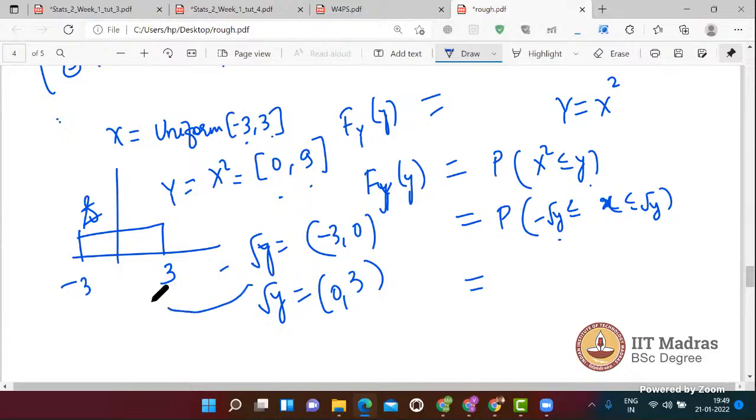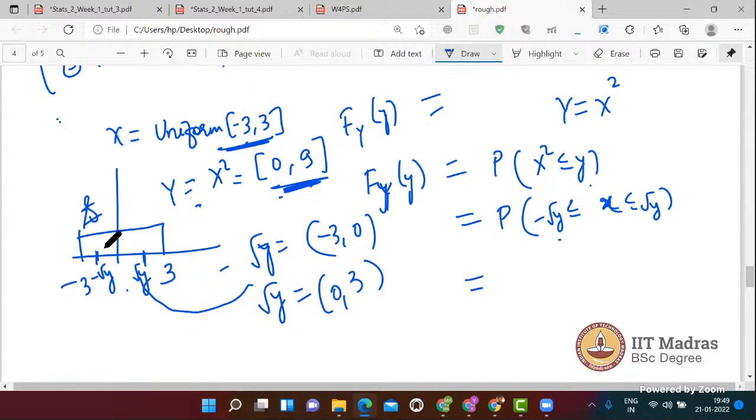Both these values come under our support of x. So one thing you should be very clear about: your support of y should come under the support of x. If it is totally coming under the support of x, then you can directly write it.